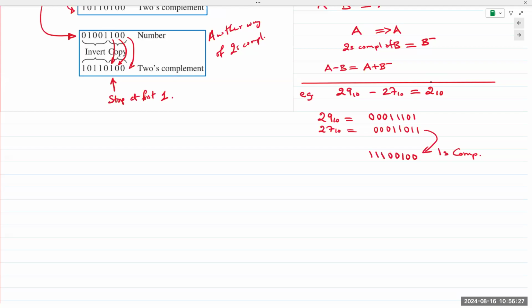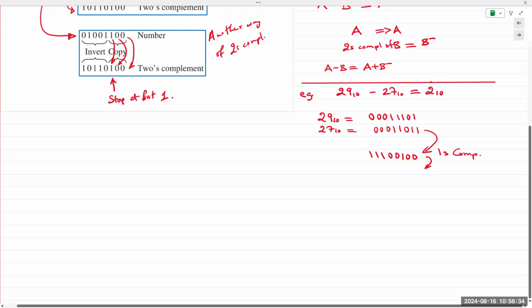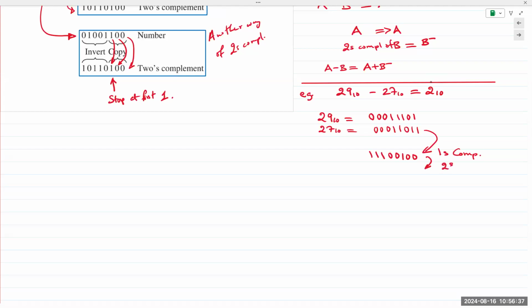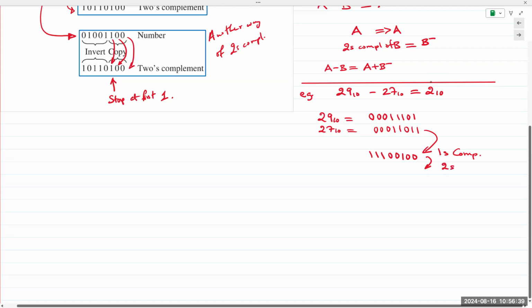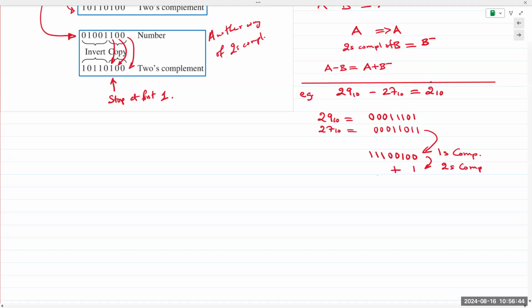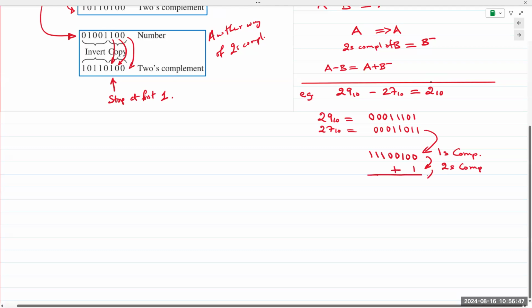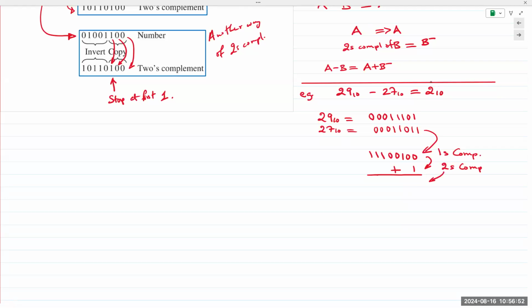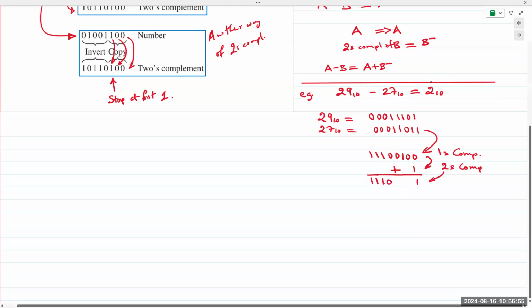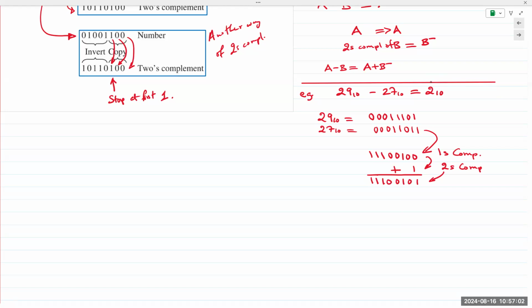The reason we chose this example is that the 2's complement is rather easy: simply add 1 to the least significant bit. And that gives me an answer of 11100101.